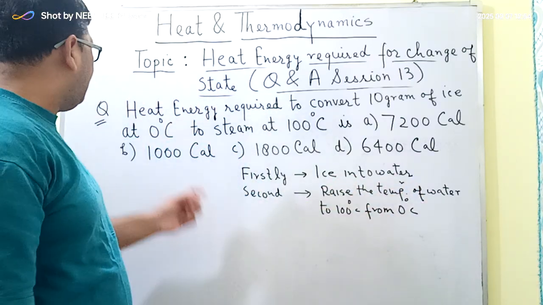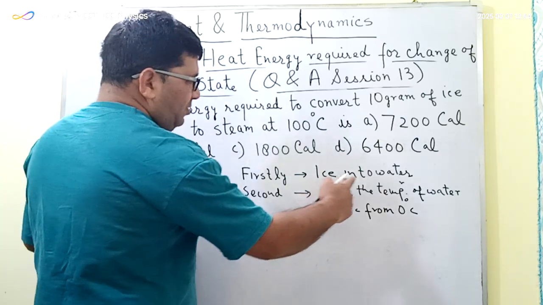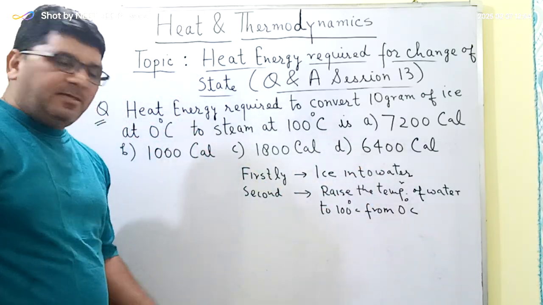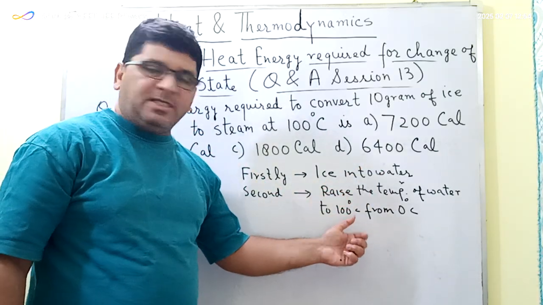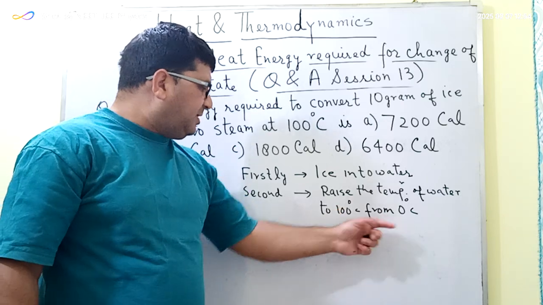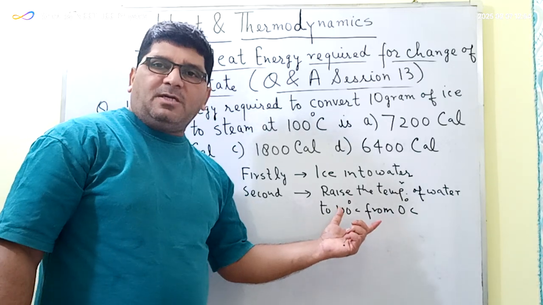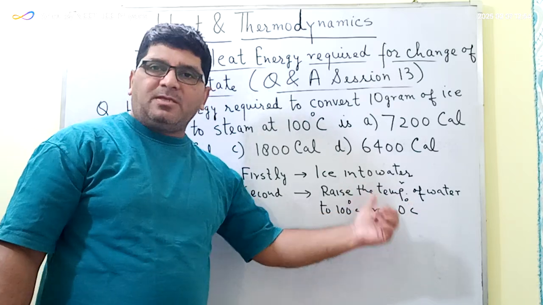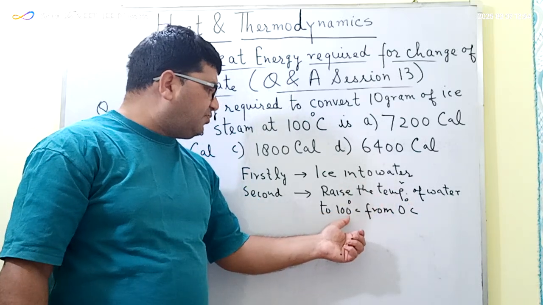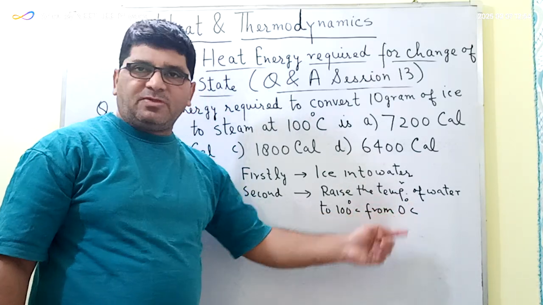Now the ice is at 0 degree centigrade, so the temperature of this water will be 0 degree centigrade. Now from 0 degree centigrade to 100 degree centigrade is the temperature rise of the water. Means I have to raise the temperature of this water to 100 degree centigrade from 0 degree centigrade.